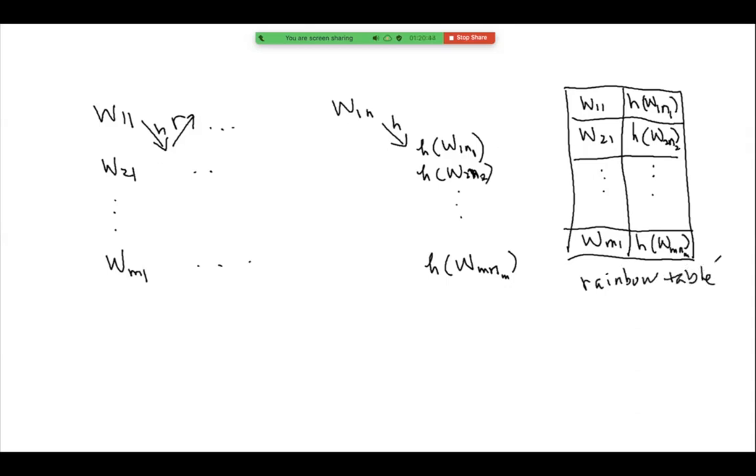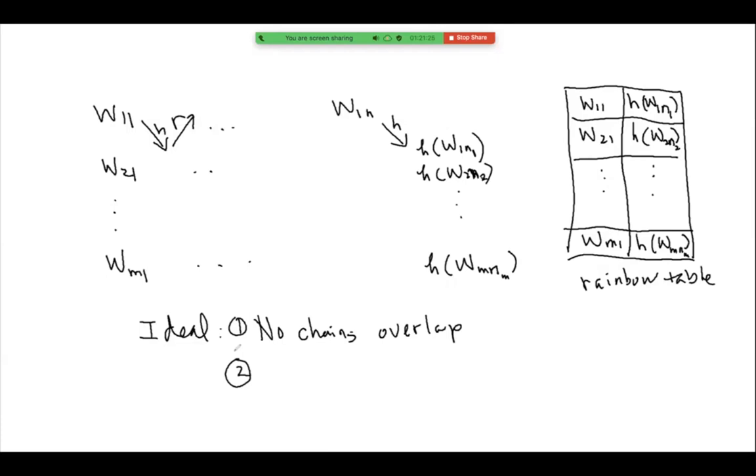So what I want, the ideal rainbow table, is that none of these chains overlap. Okay, that's one. And I also hope this covers my possible password space.